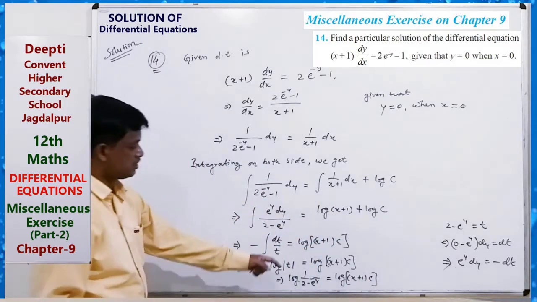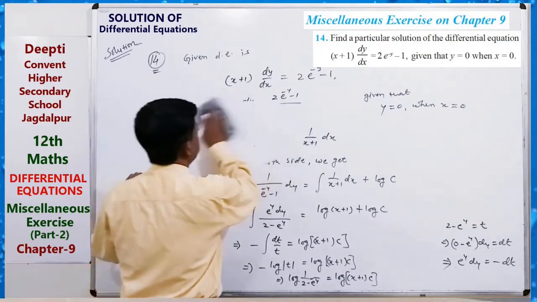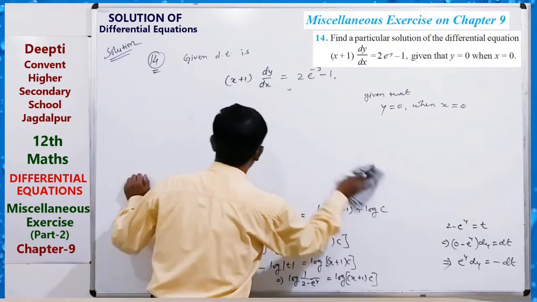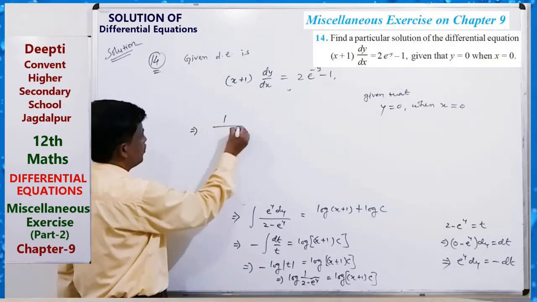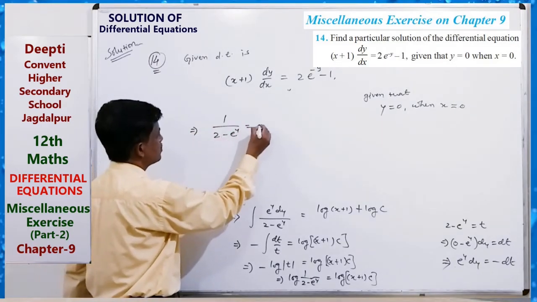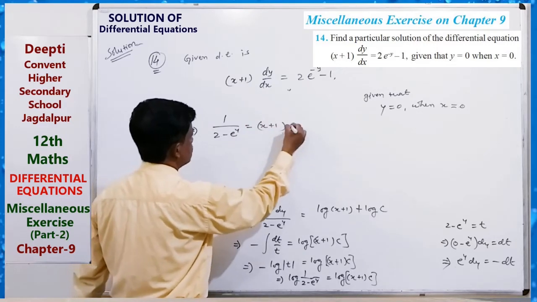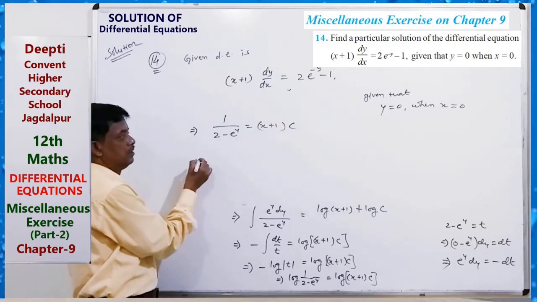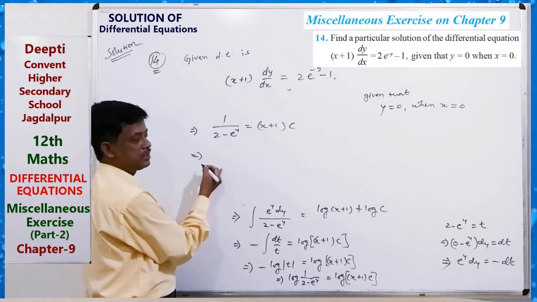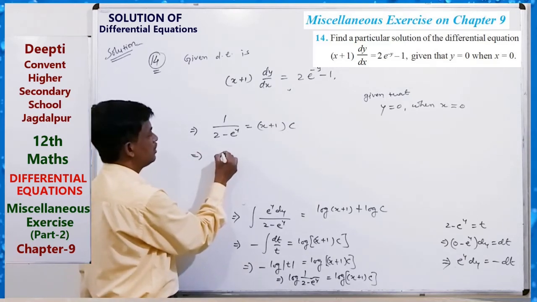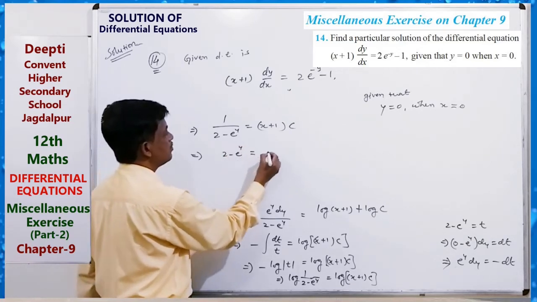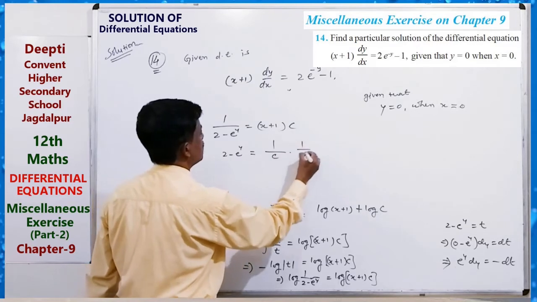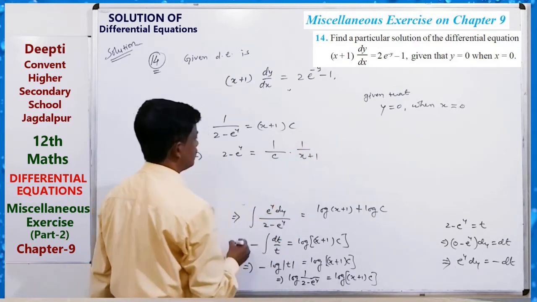So from here we can get 1 upon (2 minus e to the power y) equals (x plus 1) into c. Okay, so we can write 2 minus e to the power y equals 1 upon c into 1 upon (x plus 1).